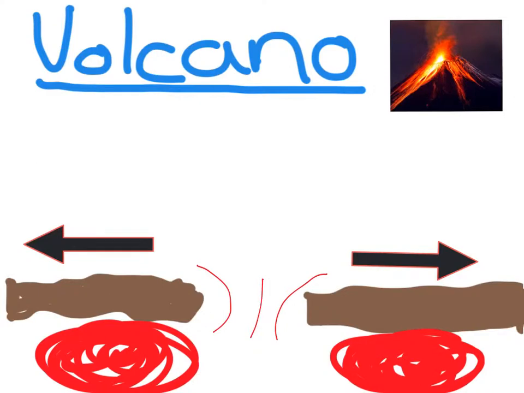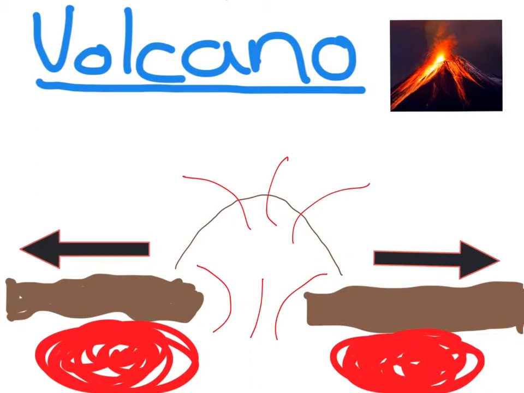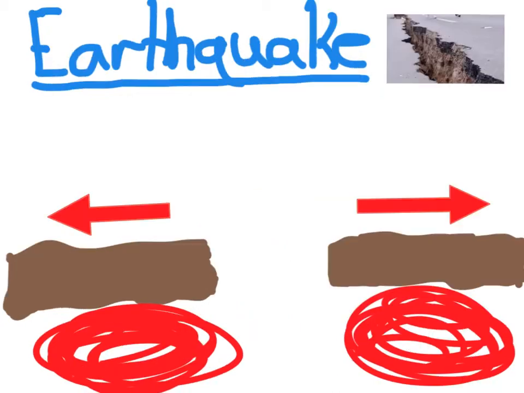And then what actually happens is that lava cools, and over time, it forms a volcano, kind of like the one we had last time. The plates are moving apart, so the volcano could get bigger. And yeah, let's move on.